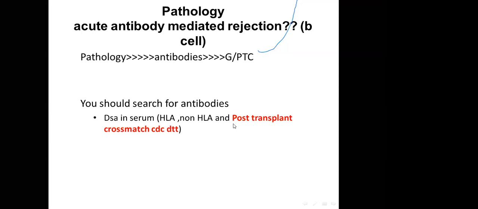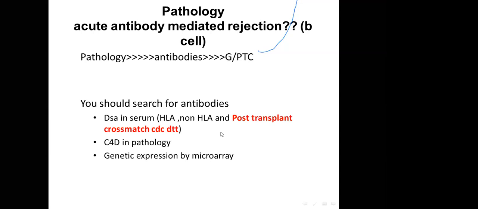And this is a modality of the cross-match, not for screening before transplantation, it's for detection of antibodies in antibody-mediated rejection, and it's called post-transplant cross-match CDC-AHG. Also, we search for C4d in the pathology, which is the end product of complement activation. And finally, we should do what is called gene expression, which looks for the transcription of the genes in the graft.